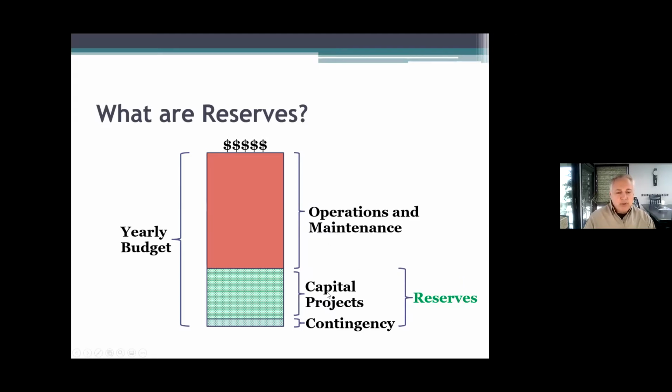But reserves are defined by two things. Reserves are all these capital projects that you intend on doing in that given year, plus some kind of contingency for that. So we'll get into these details a little bit more.